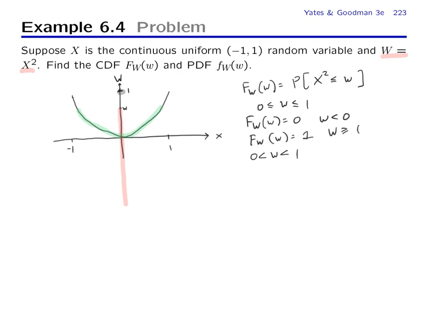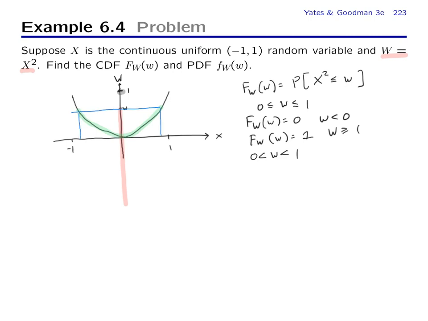Specifically, what's happening here is that for w less than or equal to little w, you can think conceptually of there being a line here, and that then gives us points.